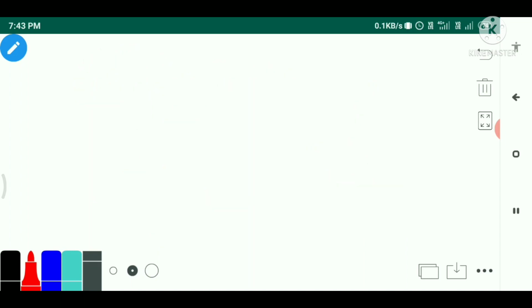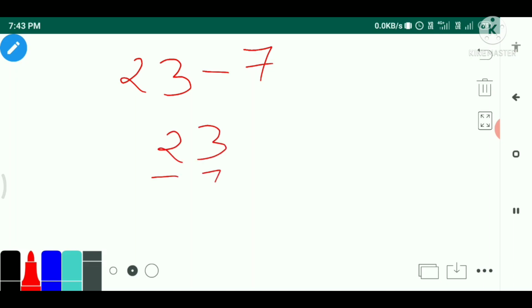One more example I will take. Suppose 23, we have to subtract 7 from 23. Now we'll do subtraction, 23 minus 7. We'll do regrouping because in the ones place 3 is the smaller one, right?